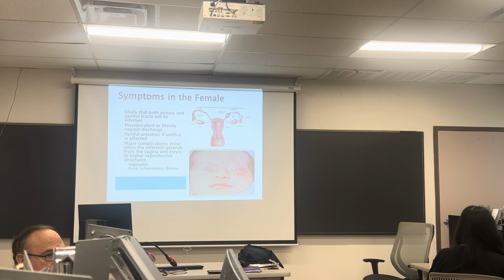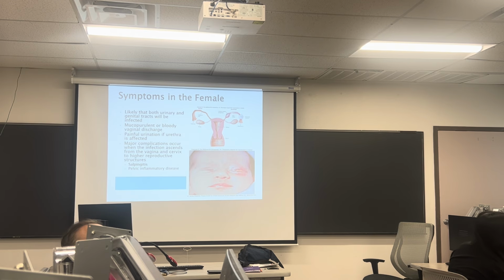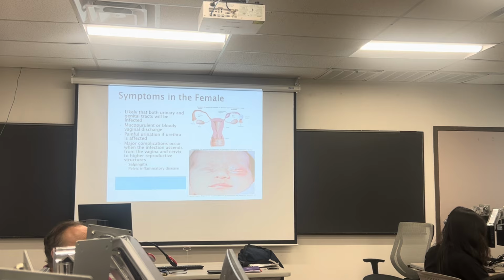Right? And so if we think about that for a moment, in females, if the vagina is infected and the baby comes out of the birth canal, then the baby can actually acquire the infectious agent from coming out of the birth canal. We want to be sure that we check as part of a prenatal screen, looking for things like chlamydia and gonorrhea and group B strep. Those are the ones we look for typically. We can look for others, herpes and things like that, right?